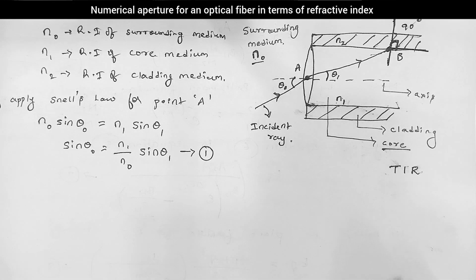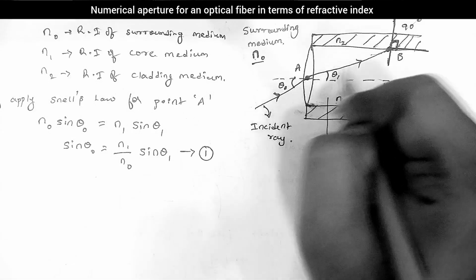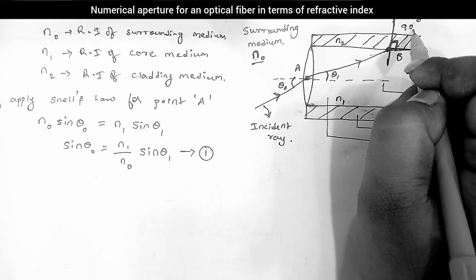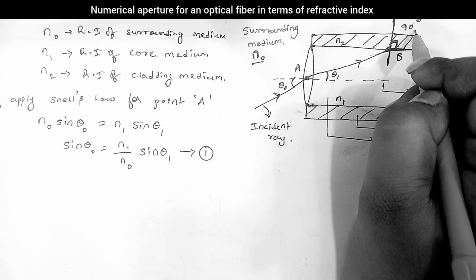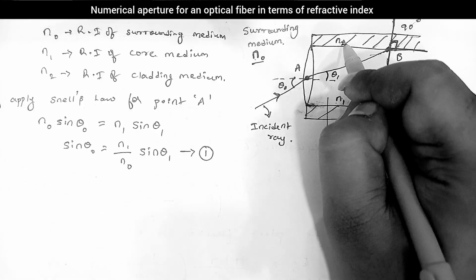Now the light that has passed inside the core medium will go forward, and once again it will be refracted at 90 degrees to achieve total internal reflection. The light will be moving from the n1 medium to the n2 medium.